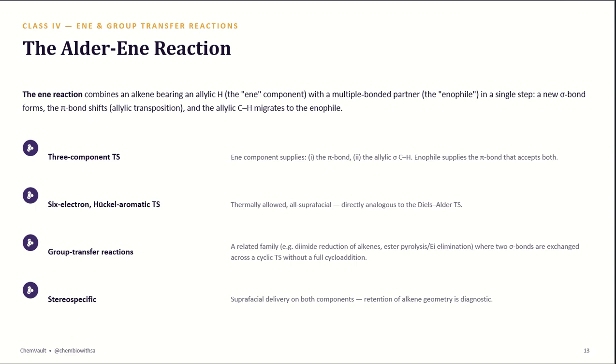Think of diimide reduction of alkenes or ester pyrolysis through an Ei elimination mechanism, where two sigma bonds are exchanged across a cyclic transition state without forming a completely new ring, the way a true cycloaddition does. And just like every other pericyclic reaction we have discussed, the ene reaction is fully stereospecific with suprafacial delivery on both components, so the geometry of the starting alkene is retained in the product.